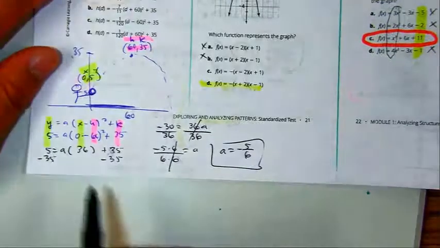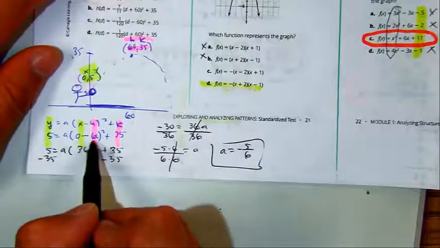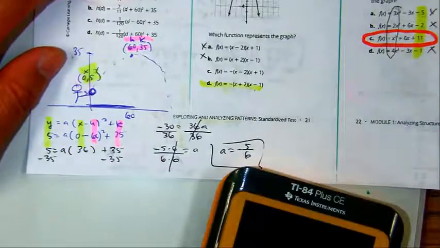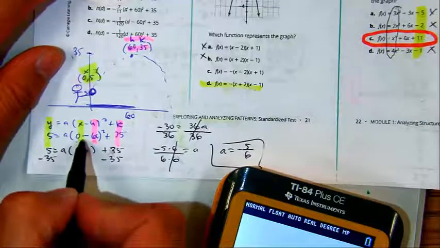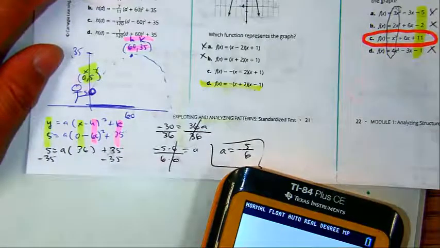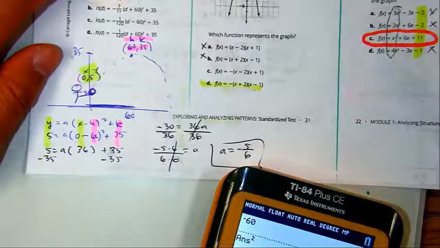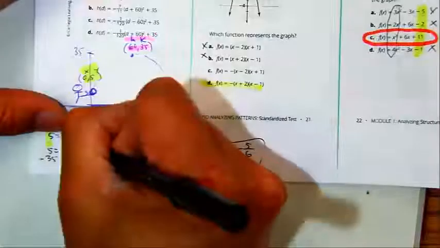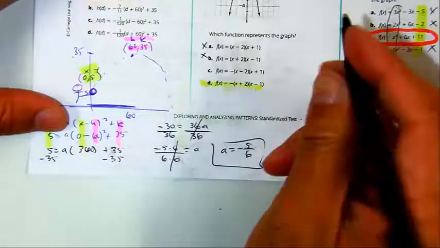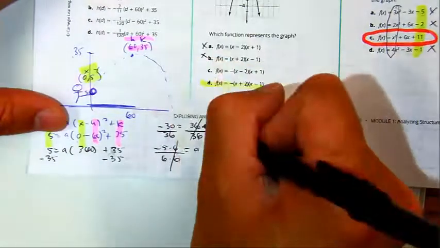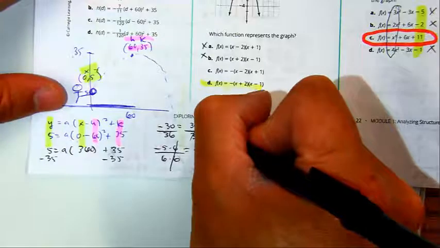Yep. Negative, there's my answer. Negative 60, not 6. Negative 60 squared is 3600. So this would be 3600.